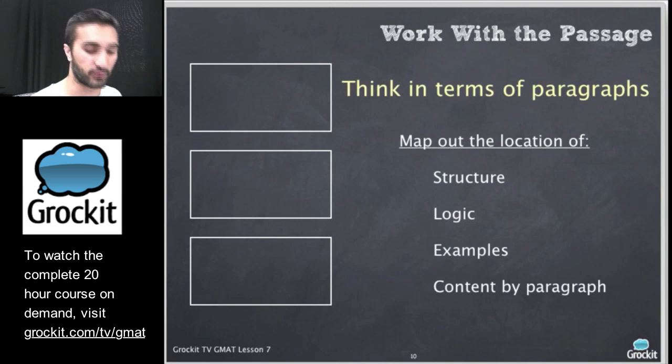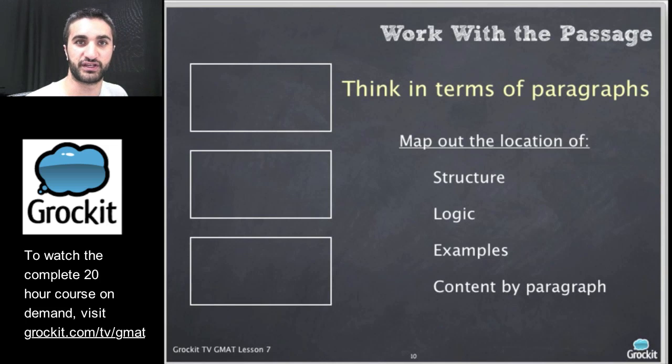Working with the passage, and we did this before, we're going to do this again today. Think in terms of paragraphs, map out the location of structure and logic and examples and content by the paragraph. You can go ahead and read the whole paragraph if you want, or you can just take advantage of the first and last sentences of paragraphs like we've done before.